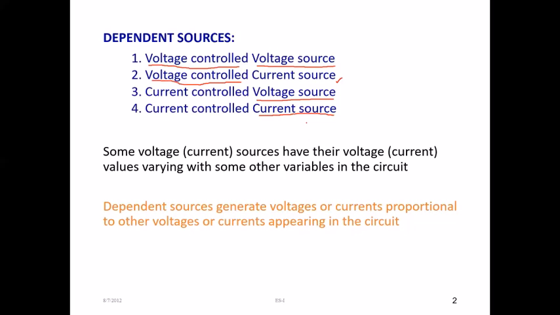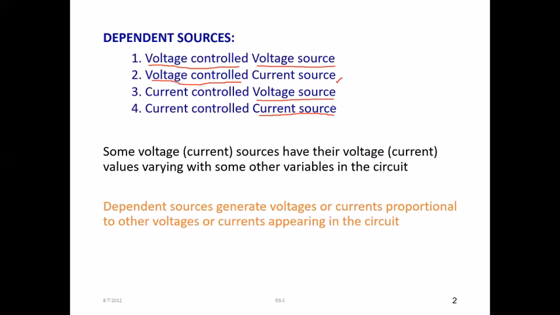If you take one simple practical example, students who are doing undergraduate studies, the amount of money they spend per month depends upon the parents' income or pocket money given by the parents. The operational amplifier is a very good example of a voltage controlled voltage source. The output voltage of an operational amplifier depends upon the difference between the input voltages.